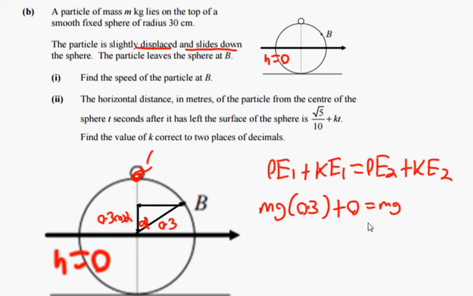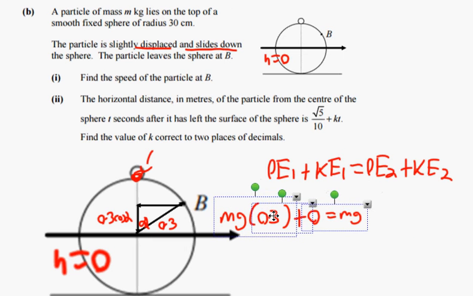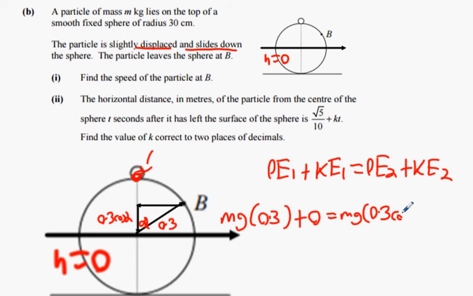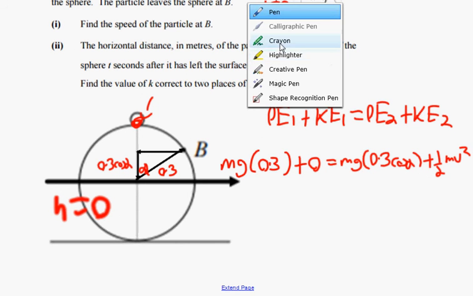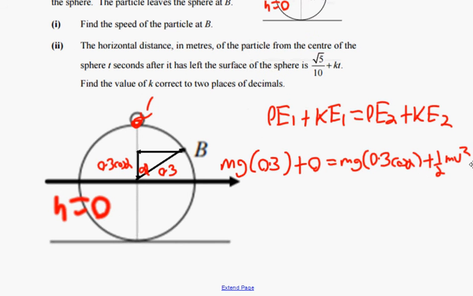mg. What else is going to be there then? mg. What's the height? 0.3 cos alpha. We're good. And then finally a half mv squared. Okay. If I isolate v squared, I'm in business.